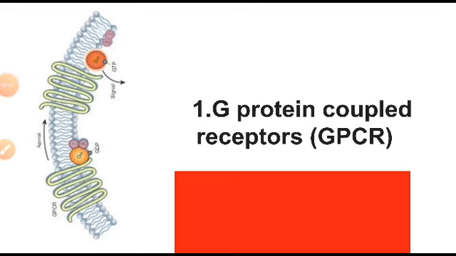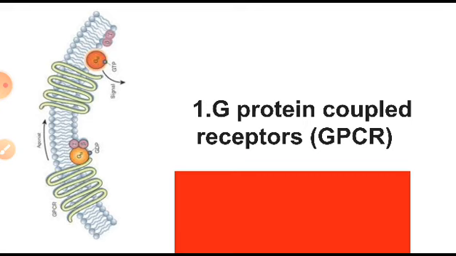The G protein coupled receptors are the most abundant class of the receptors, right? They are a very huge family of receptors. You can see in the coming slides that they are exposed at the extracellular surface of the cell membrane, and they also have one intracellular region because they are transmembrane.